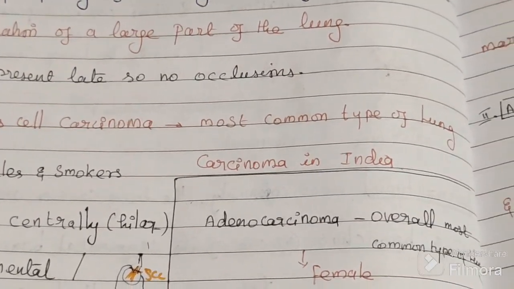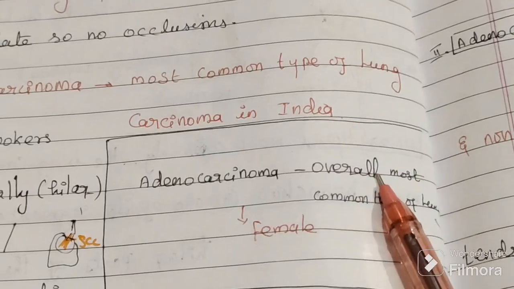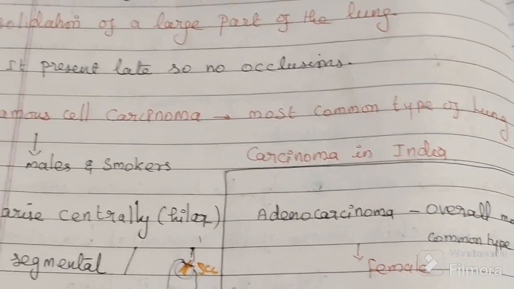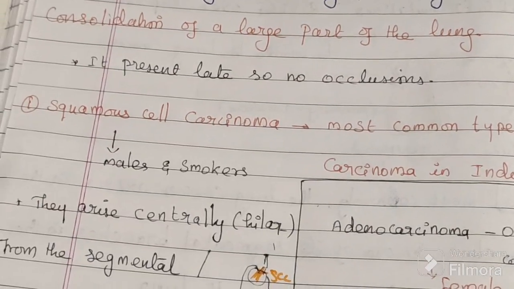Adenocarcinoma is the most common type in the world overall. Which is most common in India? Squamous cell carcinoma.